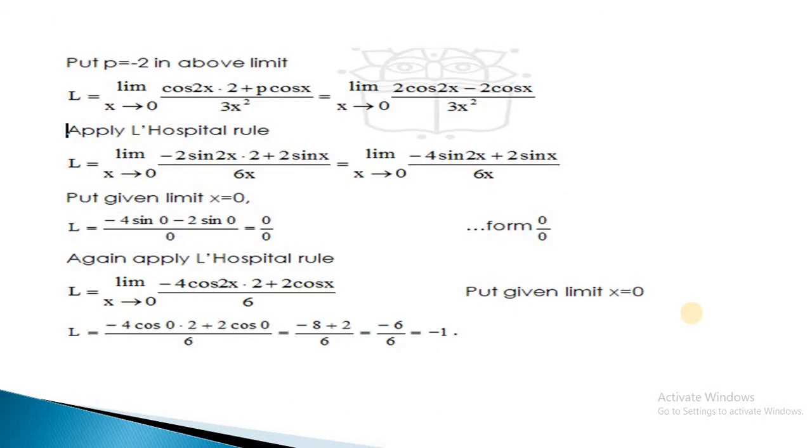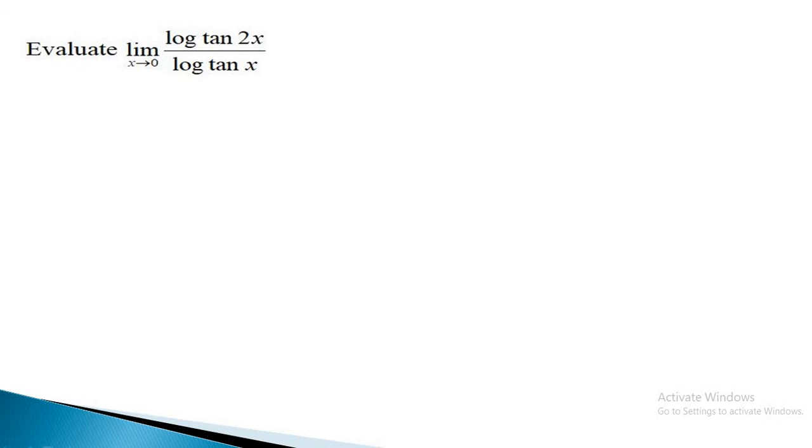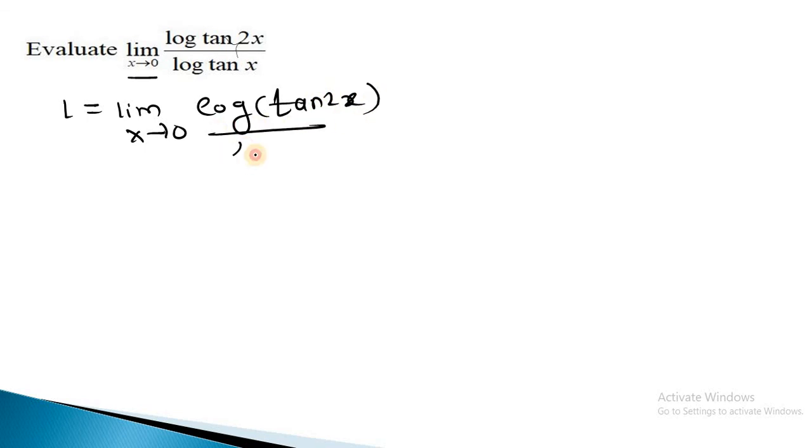Now we see the next type of example. L is the given limit. Evaluate the limit as x tends to 0 of log of tan 2x upon log of tan x.